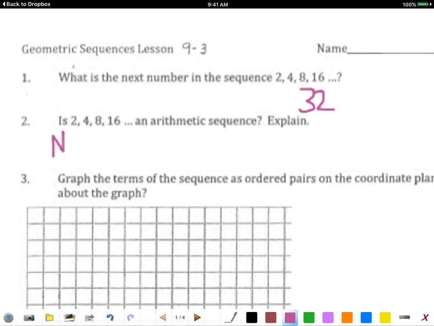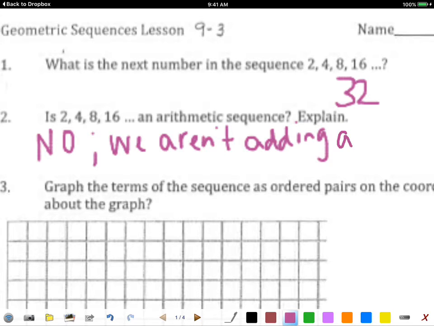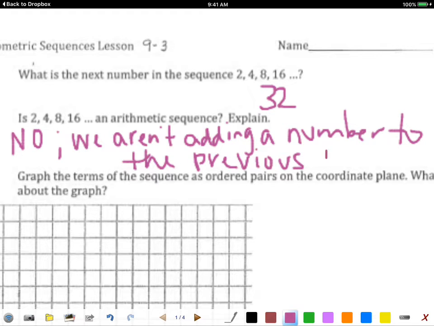So you would say no. We aren't adding, sorry, this is sloppy, a number to the previous term. Okay, so this is a geometric sequence we're going to discuss here soon.